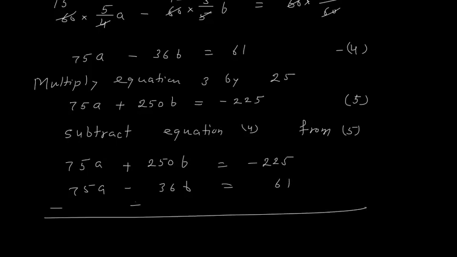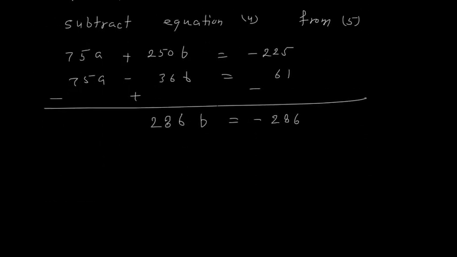So this sign changes, this sign changes, this sign changes. This is 250 plus 36, that is 286b. Here it is minus 286. So therefore the value of b we get, b is minus 1.